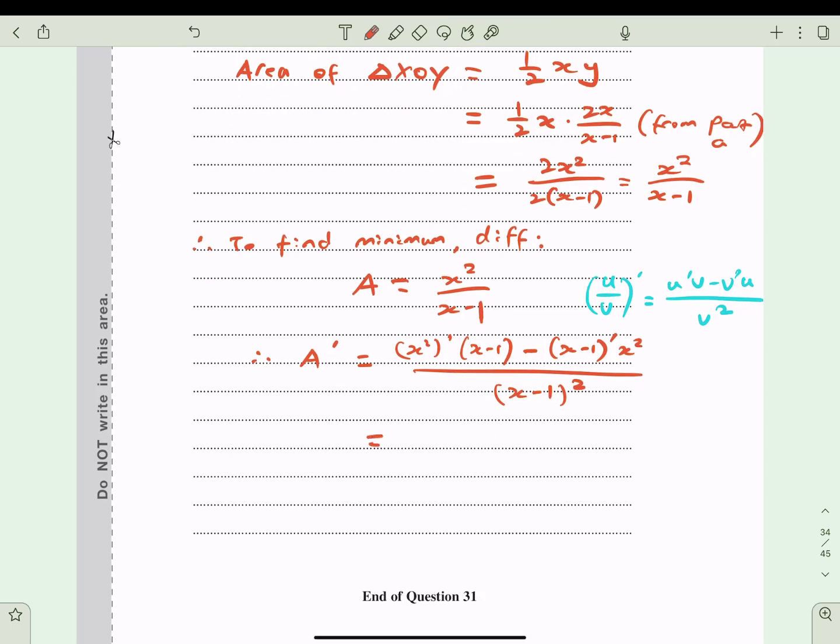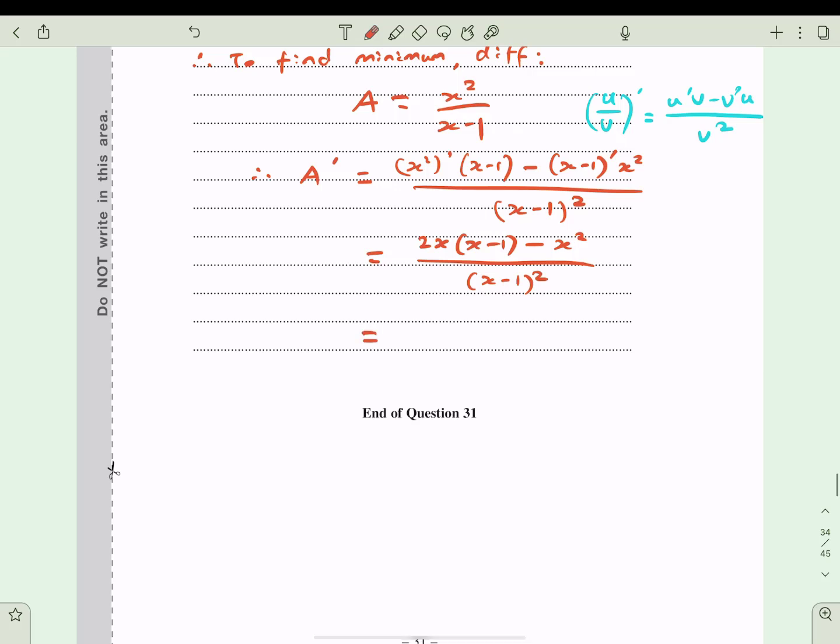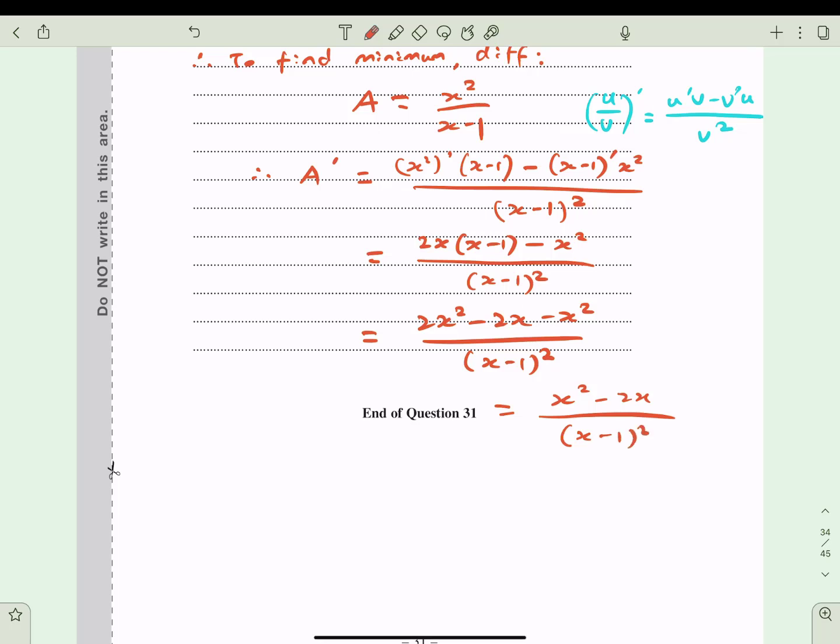So that's equal to 2x times x minus 1 minus x squared, all over x minus 1 squared. Keep simplifying and expanding: 2x squared minus 2x minus x squared over x minus 1 squared. That simplifies to x squared minus 2x over x minus 1 squared. So that's going to be my first derivative.